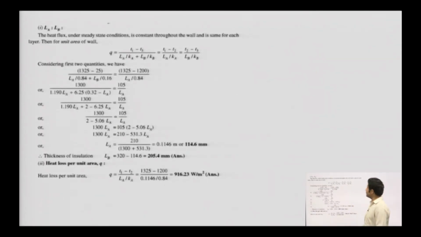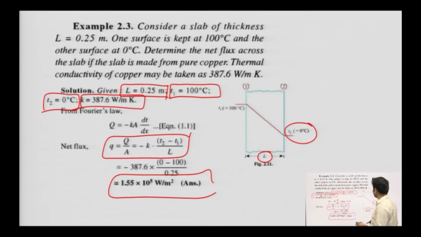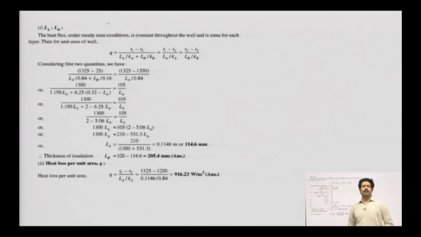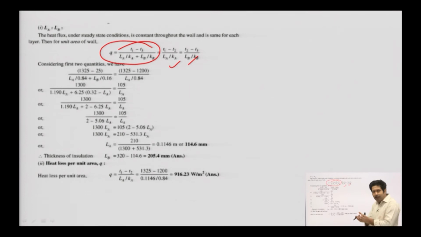So what you need to do is go like this, and I've already told you that the heat is steady. So basically heat that is entering from this face will exit with the same magnitude. So Q is equal to (T1 minus T3) divided by (LA by KA plus LB by KB), and this will be the same as (T1 minus T2) divided by (LA by KA) and T2 minus T3, because it is steady.